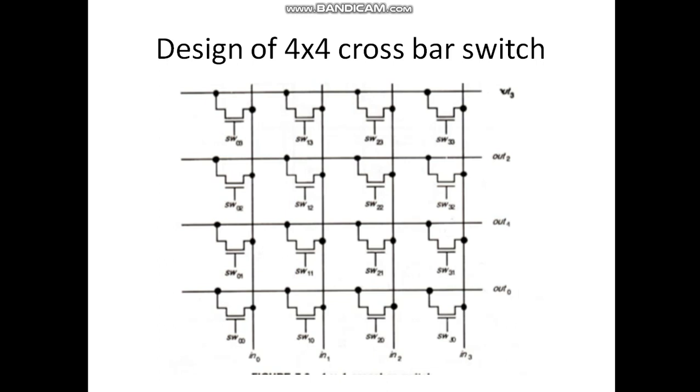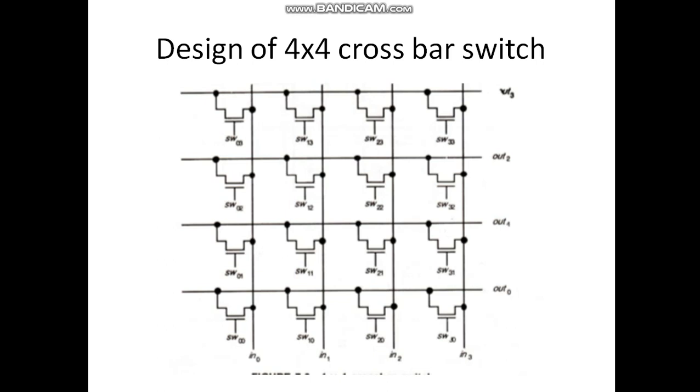Let us see what is the output we get. As SW00 is turned on, IN0 is made available in OUT0. IN1 is made available in OUT1. IN2 is made available in OUT2. IN3 is made available in OUT3. Let me consider an example where the inputs in IN0, IN1, IN2 and IN3 are 1, 1, 0, 1 respectively.